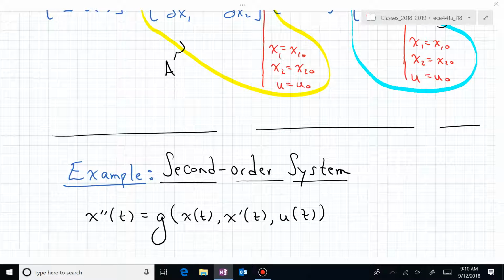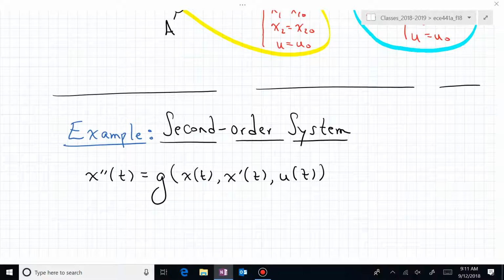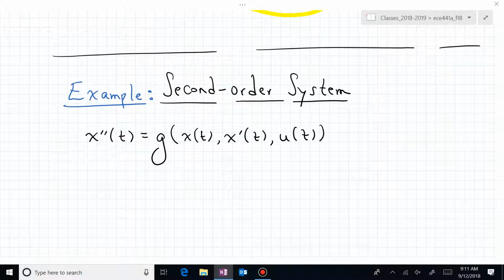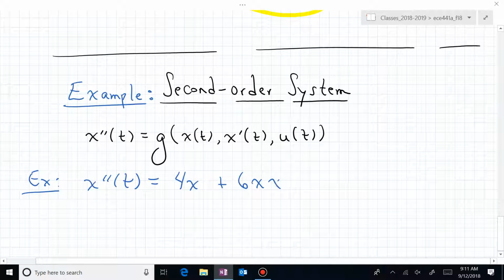and put this maybe more solidly or firmly into our head by looking at a specific example where we now have x double prime equal to some nonlinear function of x, x prime, and u. So here's the example that I want to play with. Let's assume that the second derivative of x is equal to 4x plus 6x x prime minus x prime squared.